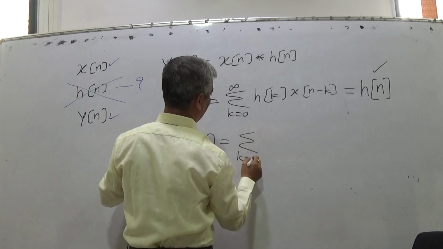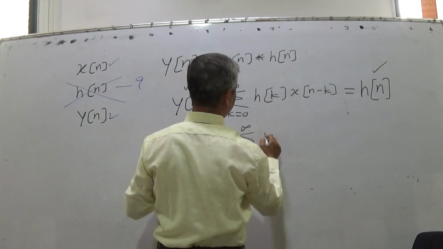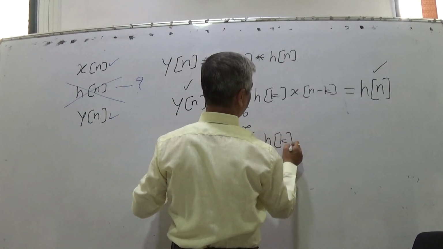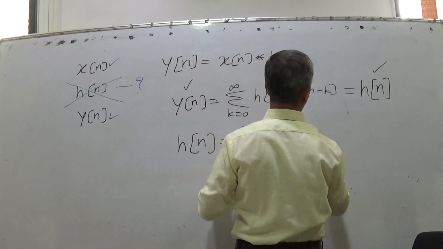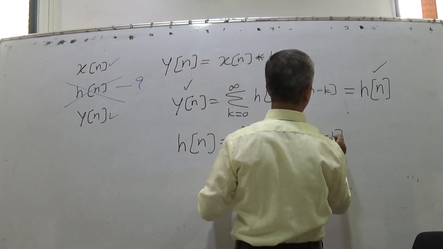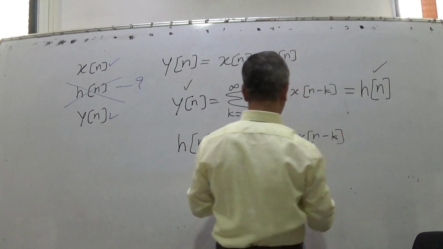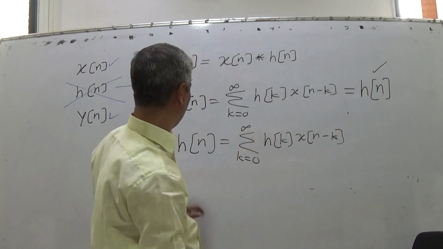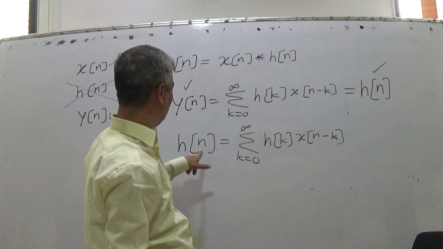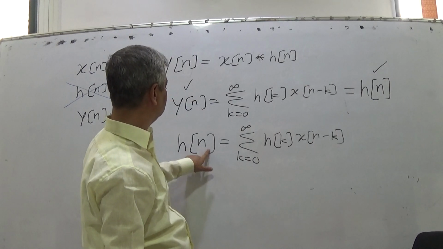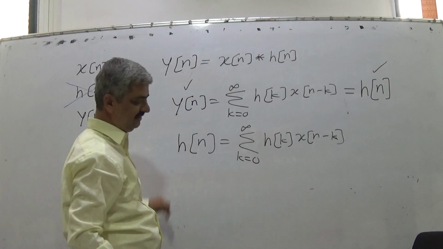For what input will it happen? Summation 0 to infinity hk x of n minus k. For what x, for what input sequence, will I get this as hn?